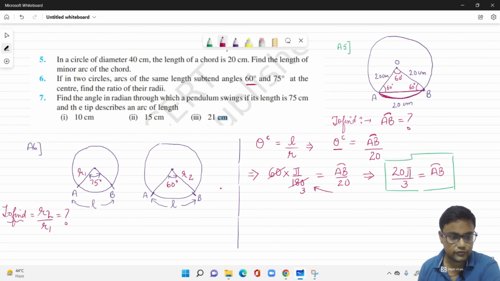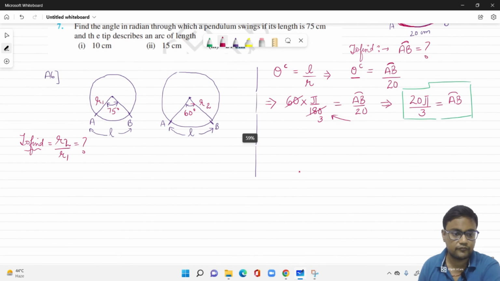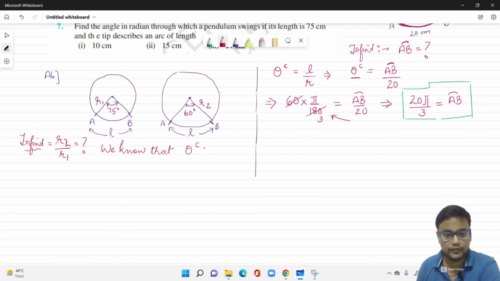तो R2 क्या है, देखते हैं. We know that theta in radians is length of the arc over radius.